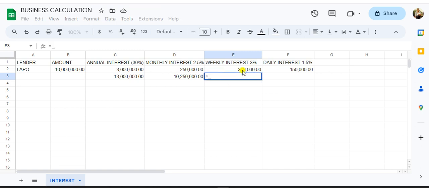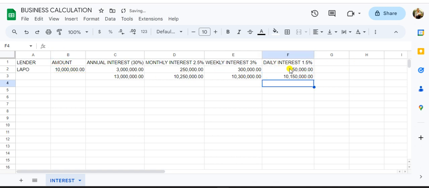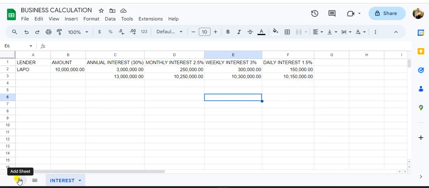You are going to give them 10 million plus the 300,000 naira. That means you are going to give them 10,300,000. But let's say they borrowed you money for 24 hours and you are going to pay them back with 10,150,000. So this is how to calculate the interest rate.